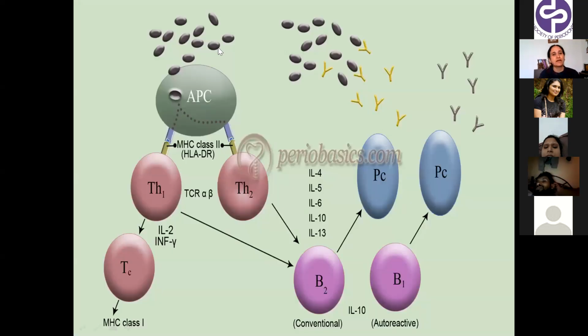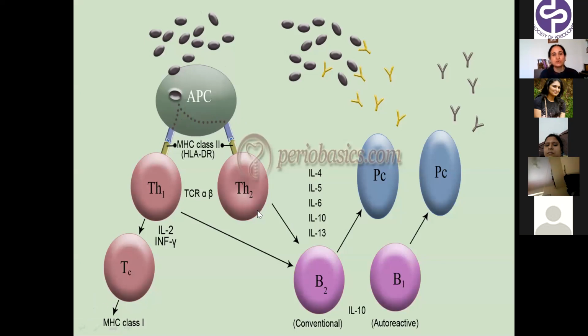So once the microbes are there in the surrounding areas, and the antigen presenting cell takes in the microbe and elaborates these antigens on the surface, there is differentiation of the T cell into Th1 and Th2, helper 1 and helper 2 cells, and these cytotoxic cells, as I was telling you, will take care of the cells which are damaged in the body.